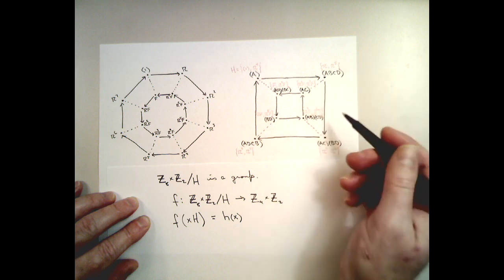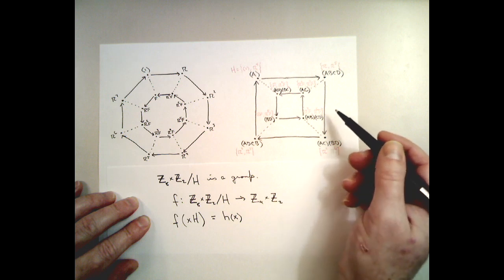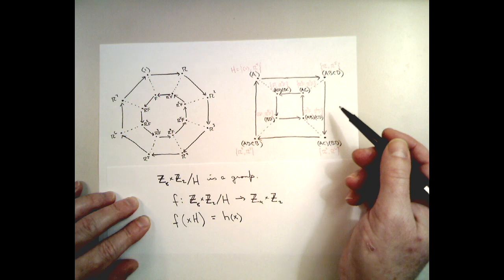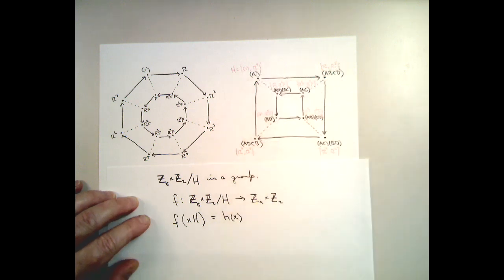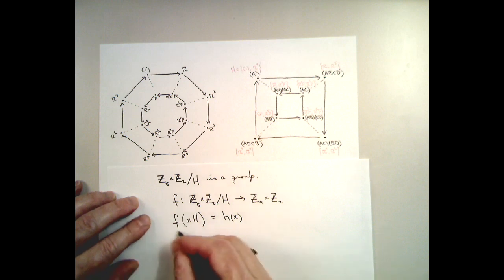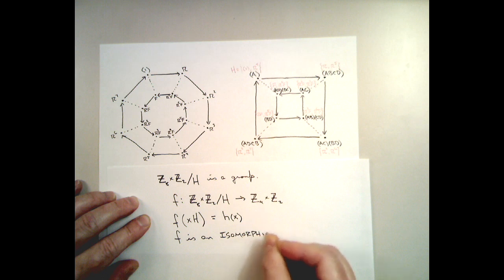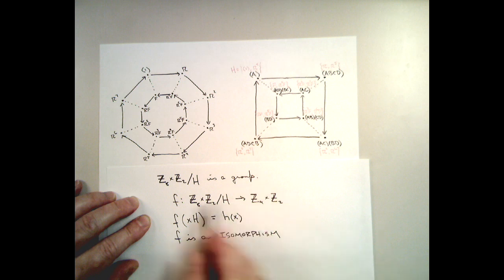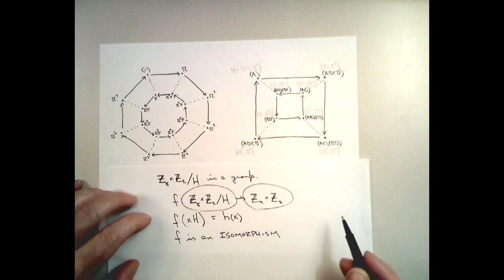I know that because I was able to use the same Cayley graph to represent my group of cosets. So F turns out to be an isomorphism, right? An isomorphism between the factor group, the quotient group, and Z4 cross Z2.